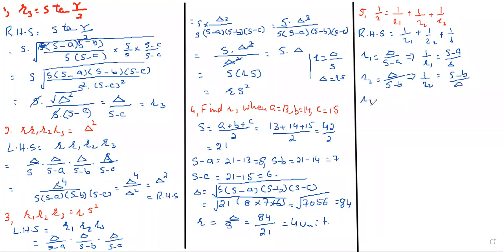R3 equals delta over S minus C, means 1 over R3 equals S minus C over delta. I hope you understand it well. Okay.